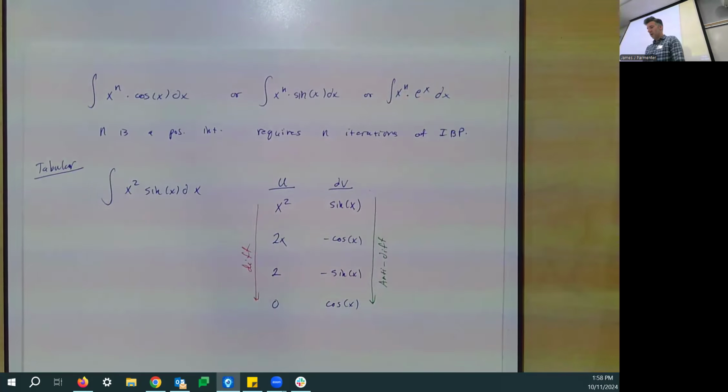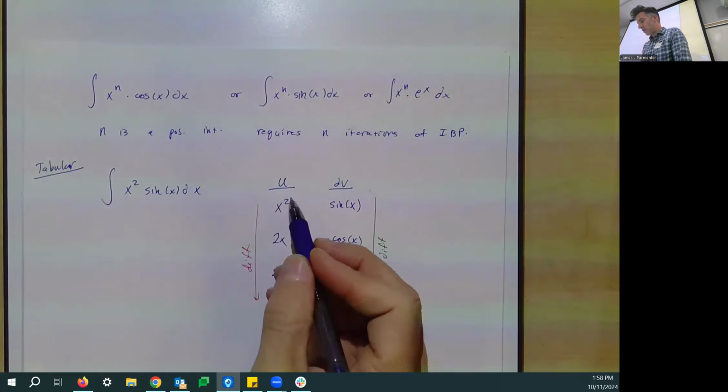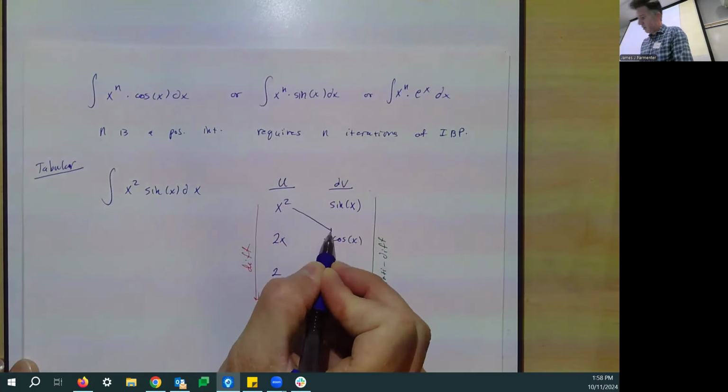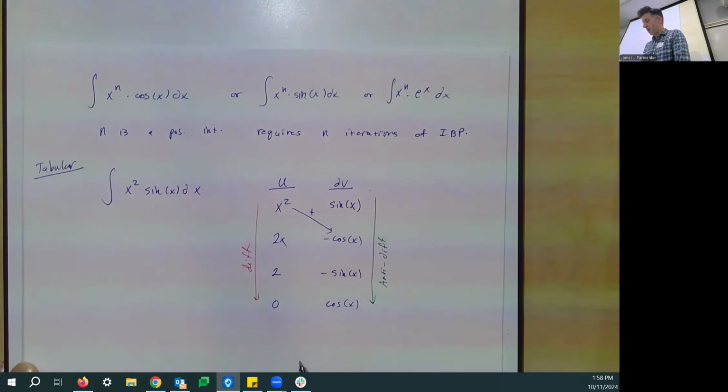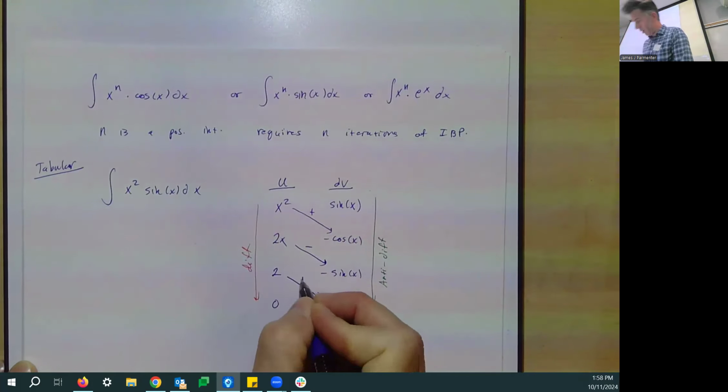Here's what you do. You take the uppermost u thing and you multiply it by the thing down and over 1. So it's plus that product, minus that product, plus that product.